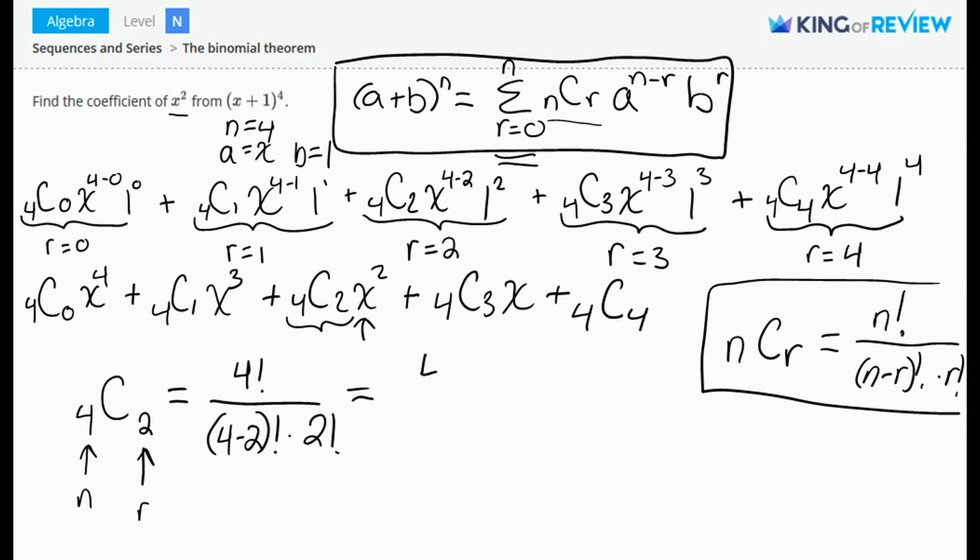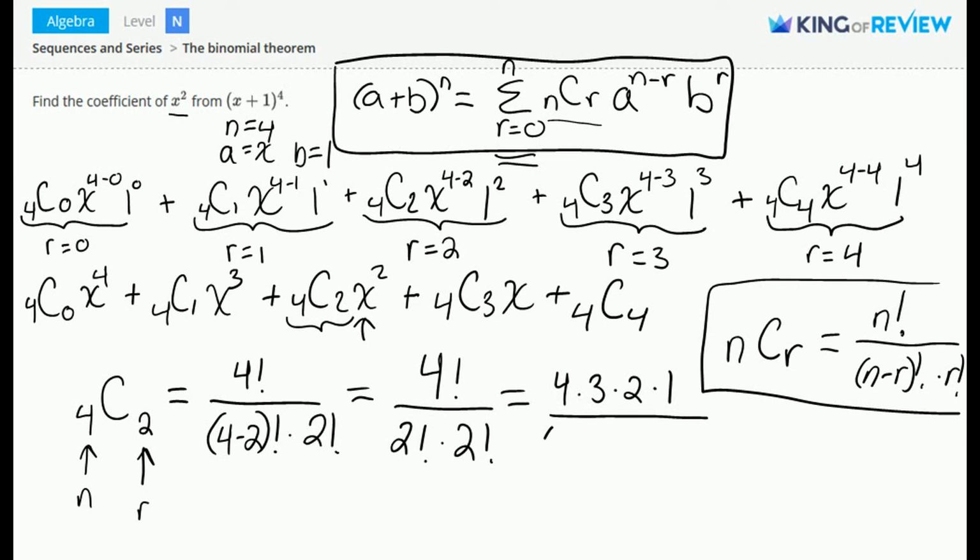So this works out to 4 factorial over 2 factorial times 2 factorial. So 4 factorial is 4 times 3 times 2 times 1. And 2 factorial is 2 times 1. And then we're multiplying that again by 2 factorial, which is 2 times 1.